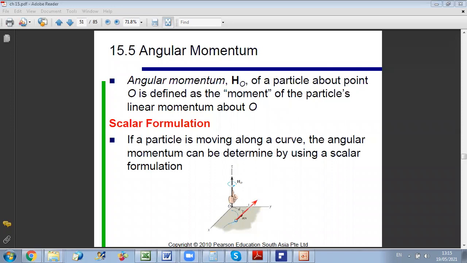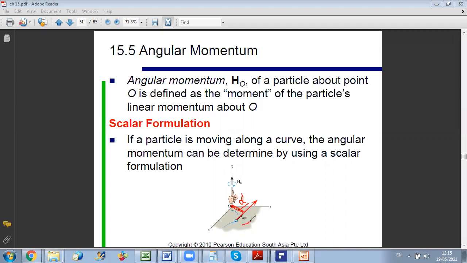You know how to calculate the moment of a force. A force is a vector. If you want to take its moment about a point, you can do it in several ways. We can do it if it is a simple figure. If we know the distance between the vector and the axis, let's say you want the angular momentum about the axis, all you have to do is take the perpendicular projection D, and the magnitude of the angular momentum will be D times the magnitude of the vector mv.